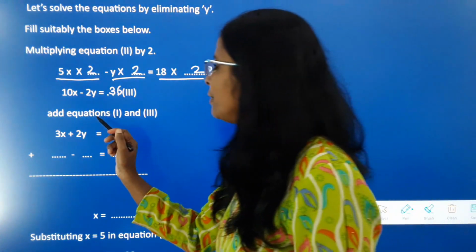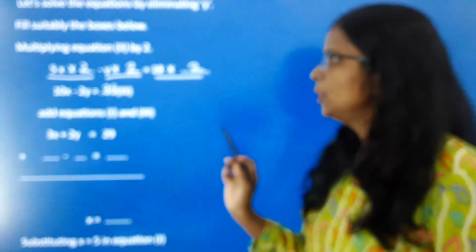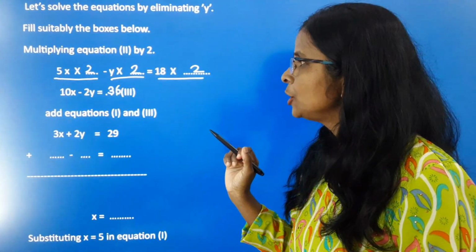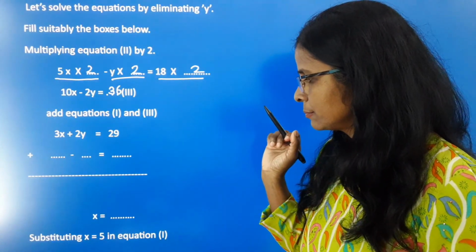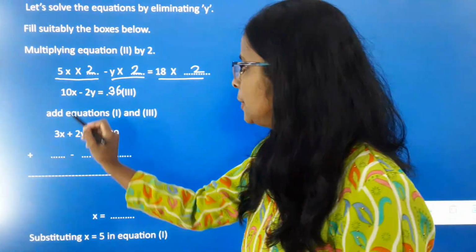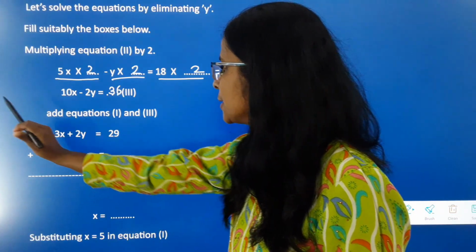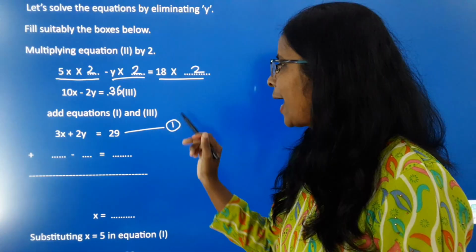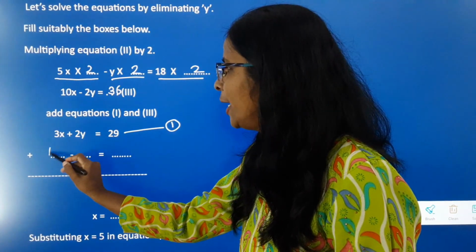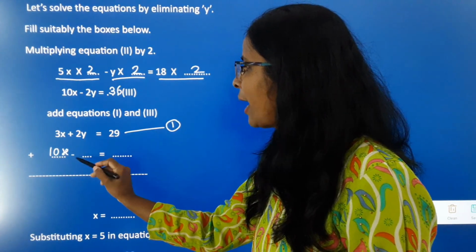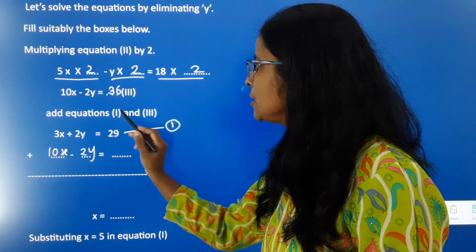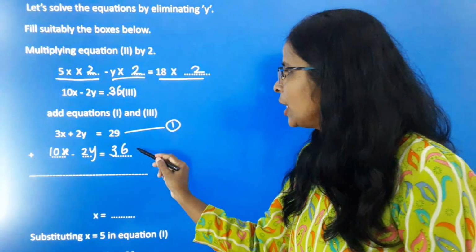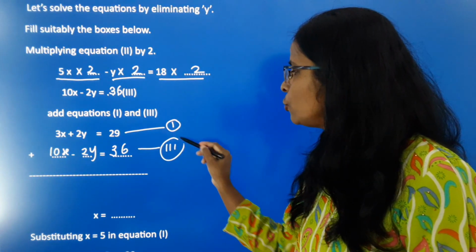Now add equations 1 and 3. So here the first equation is 3x plus 2y is equal to 29, and the third equation is 10x minus 2y is equal to 36. So now add these two equations.